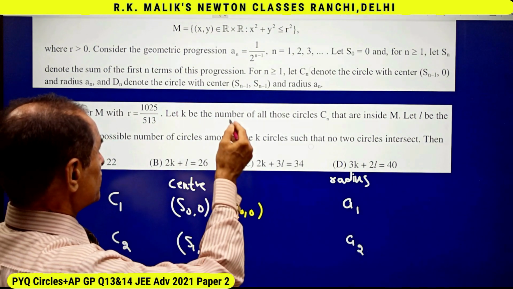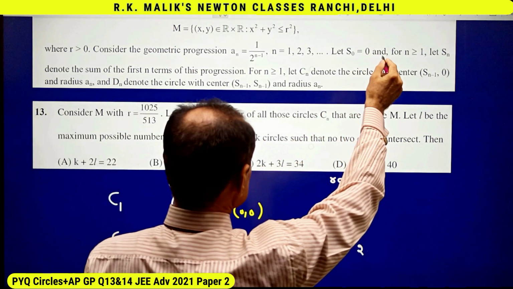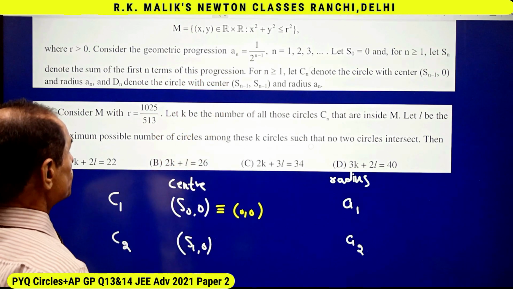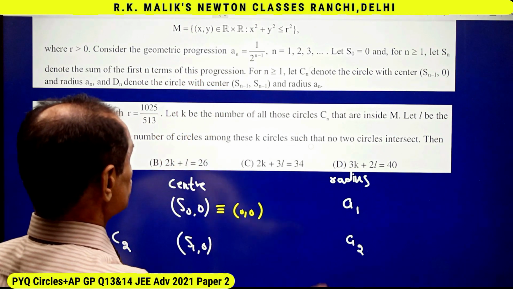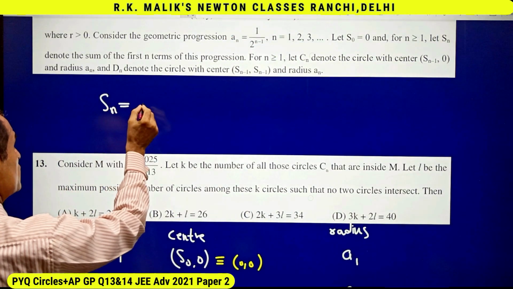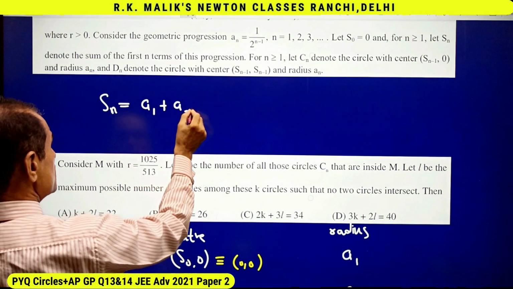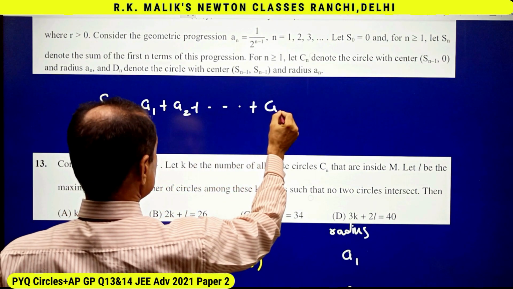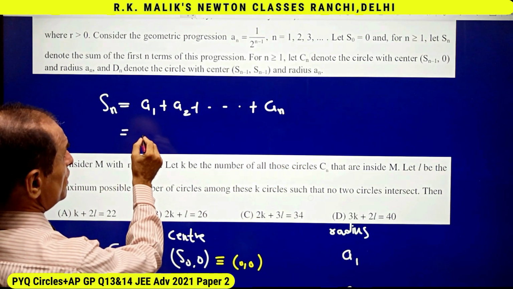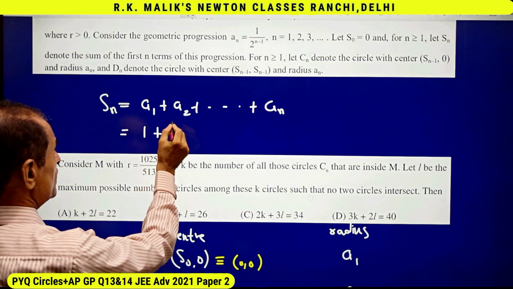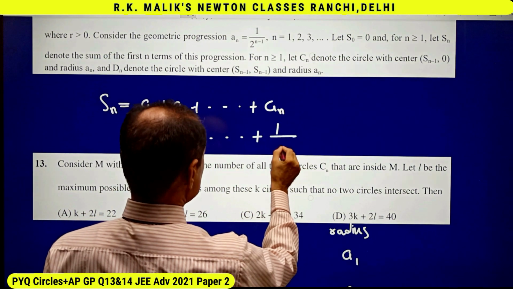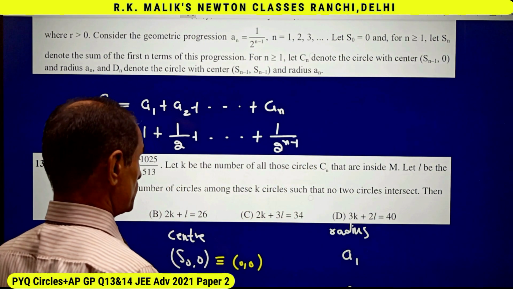And it is also given that Sn denotes the sum of the first n terms of this progression. That is, I can say Sn is equal to A1 plus A2 up to An, and A1 is clearly 1, A2 is 1 by 2 and An is 1 by 2 to the power n minus 1.